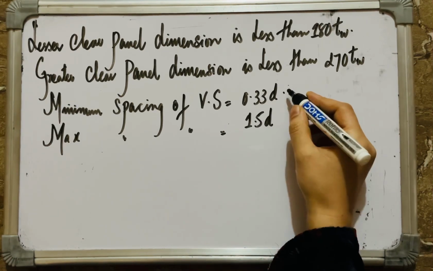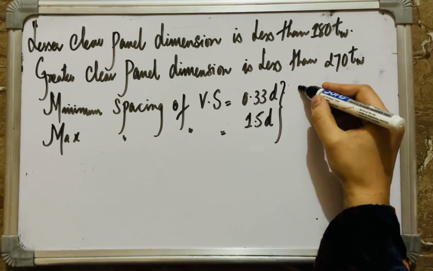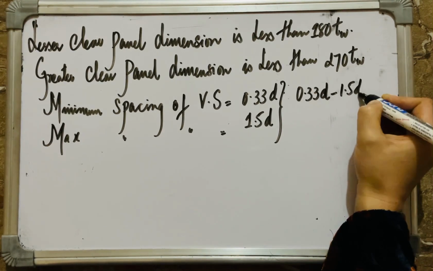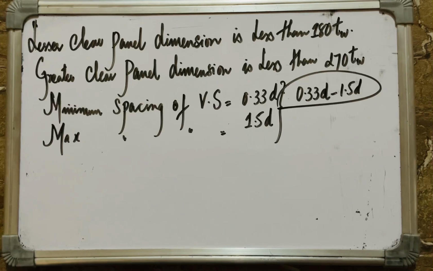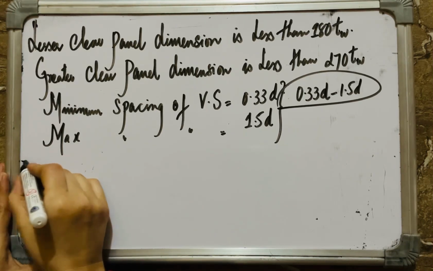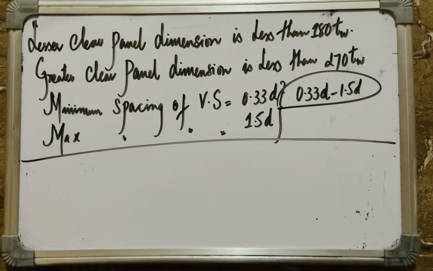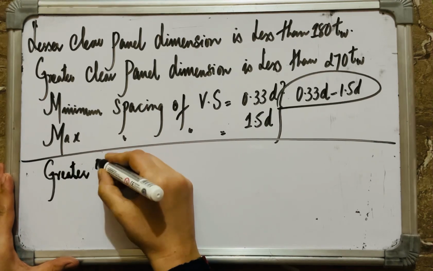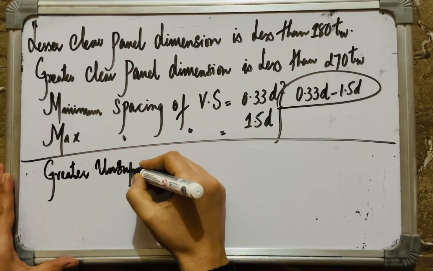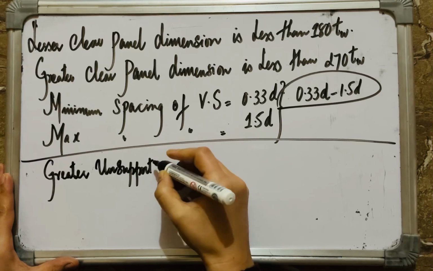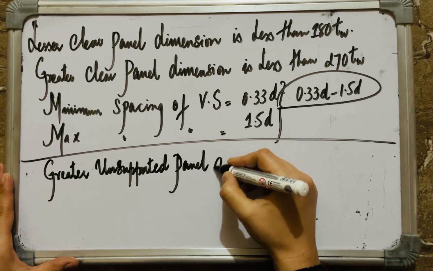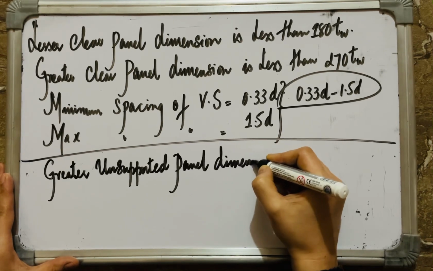That's why we just wrote that spacing is in the range of this much. All right. After that, since we adopted a spacing of 1000 mm, so our C is 1000 mm, we'll be checking the greater unsupported panel dimension of the web.